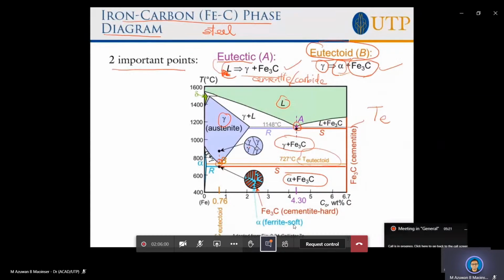For the iron carbon phase diagram, eutectoid transformation is more important compared to eutectic. We are working in the solid region. That's why we are focusing on eutectoid. Eutectic we have dealt with in lead and silver. Now we're going to talk more about eutectoid.